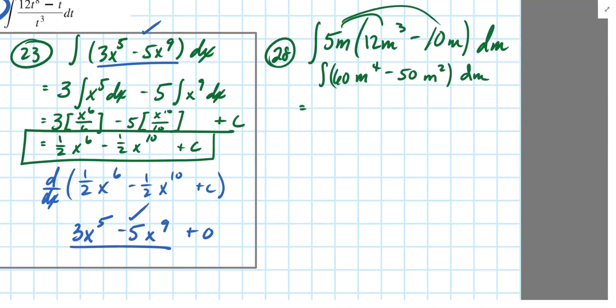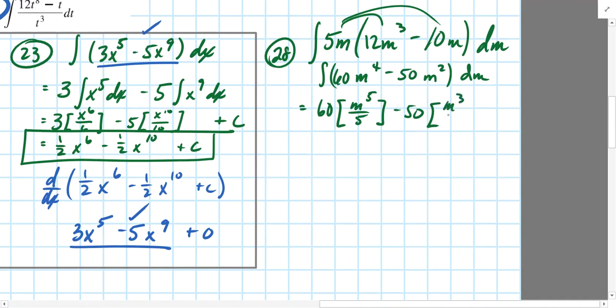In fact, if you're becoming comfortable enough with these antiderivatives, or these indefinite integrals, you can probably just jump to a line like this. 60 times m to the 5th power over 5 minus 50 times m to the 3rd power over 3 plus c. And that allows us to skip this step of rewriting the expression.